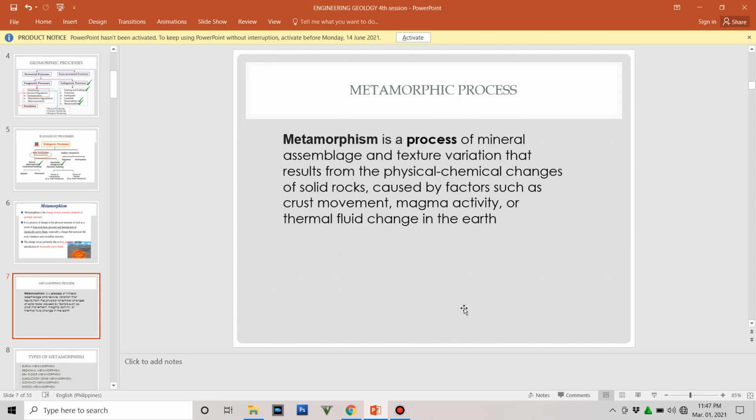So it could be that your rock will have various strength depending on the layers, how it is formed, that is caused by factors such as crustal movement, the activity beneath or the magma activity, and the thermal fluid change in the earth.